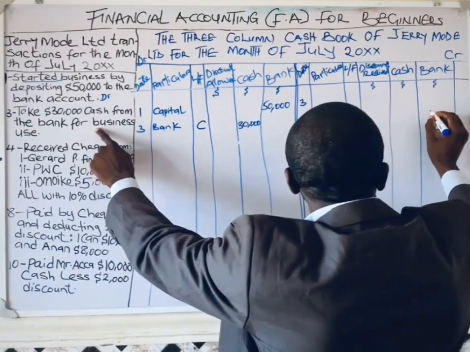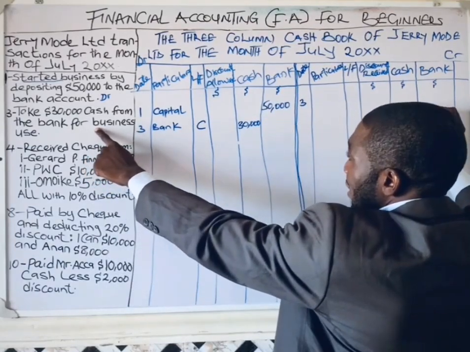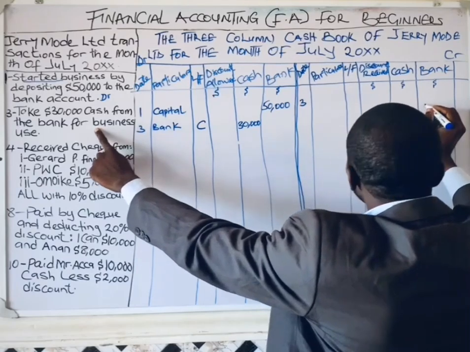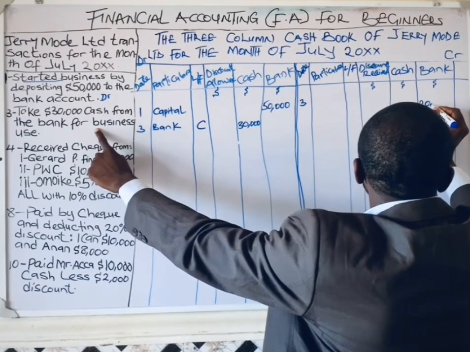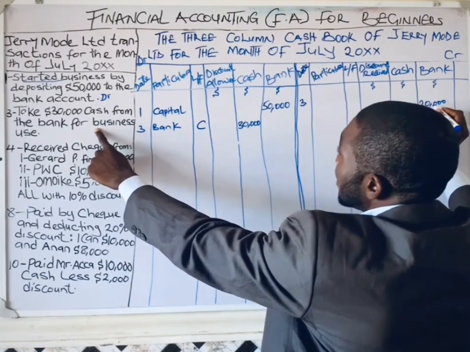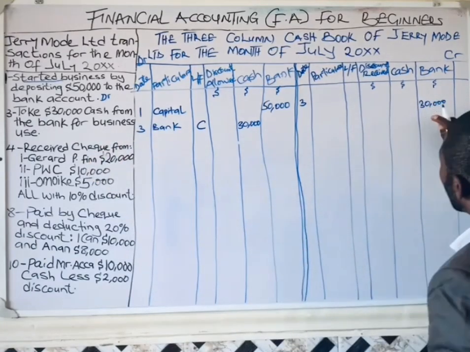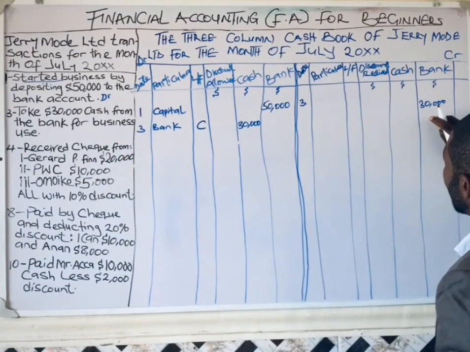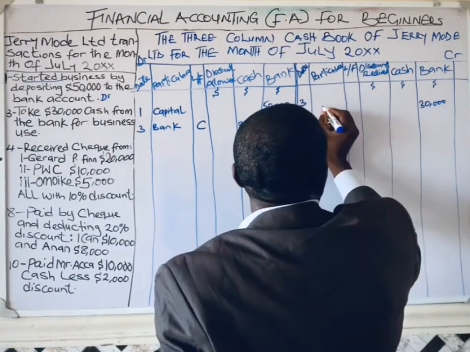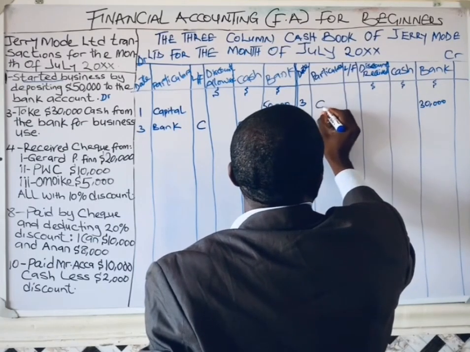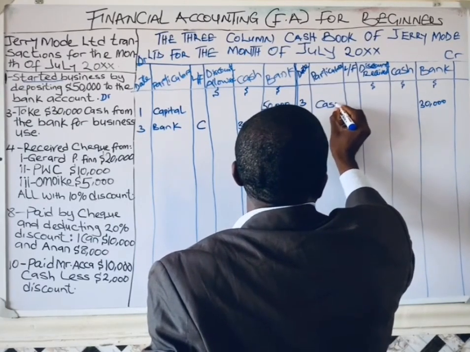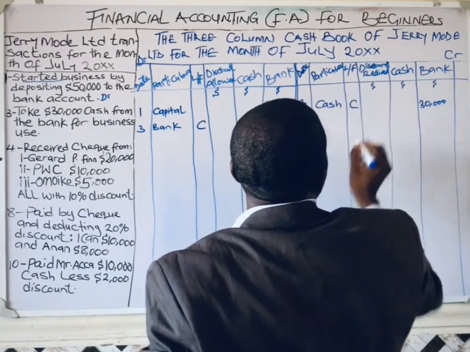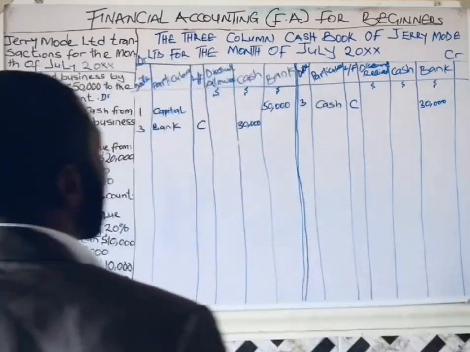So the bank account is reducing because we are taking $30,000 from our bank to convert it to cash. Then you contra entry. Very simple as that.